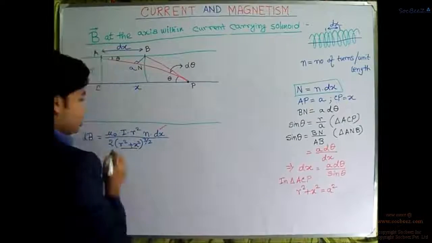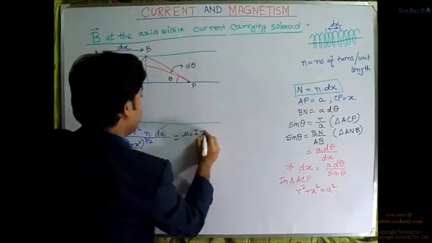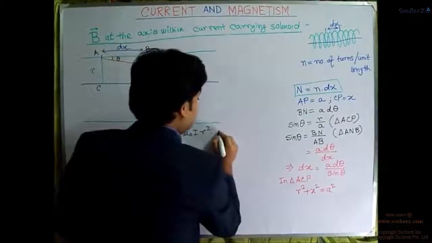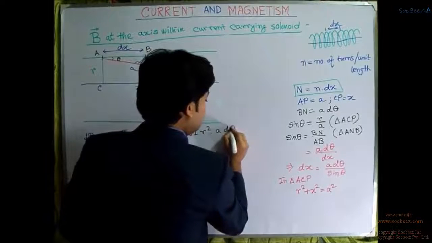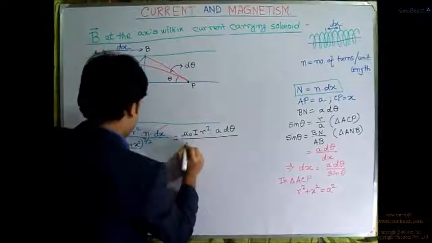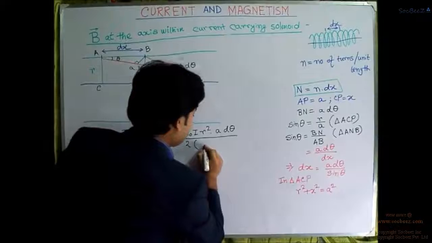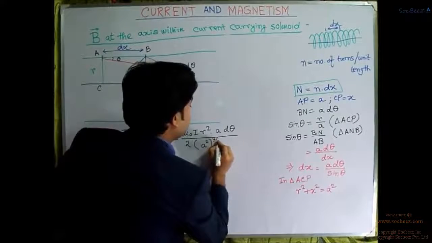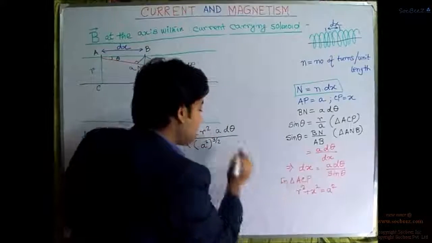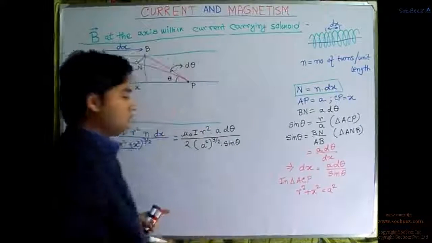So we can write this term as mu naught I r square multiplied by, with dx replaced by a d theta, divided by 2 multiplied by (r square plus x square, which is a square) to the power 3 by 2, and dx was equal to a d theta divided by sine theta. So we need to put the sine theta over here.